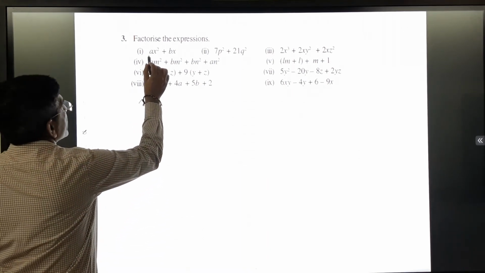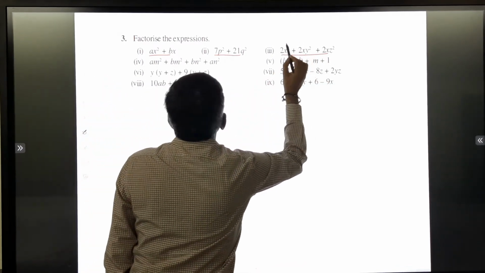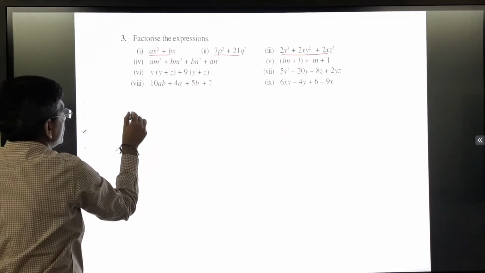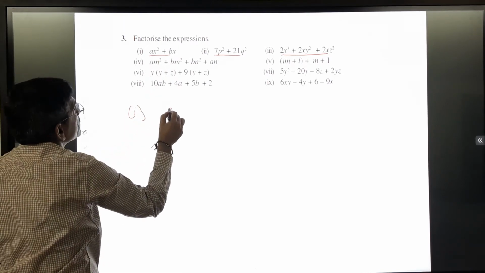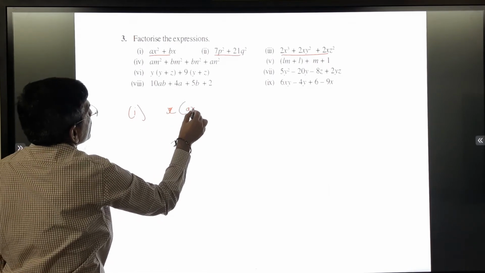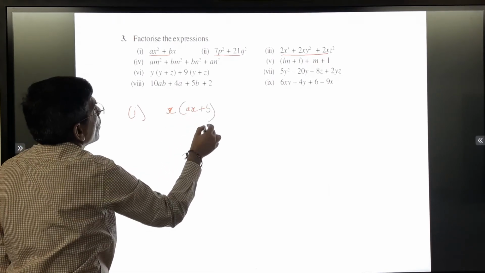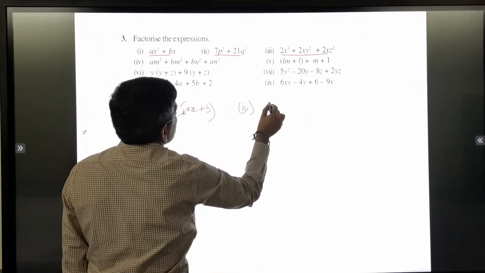When we factorize the expression, we just have to make a common factor. If you see the first, we can write the answer directly. That is, x is common, so I have to write ax plus b. In the second, 7p is common.